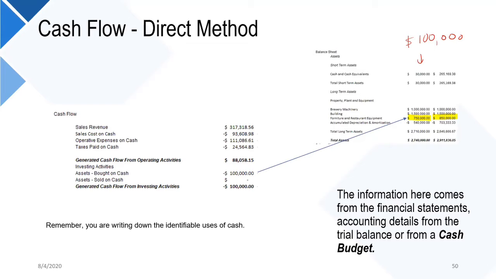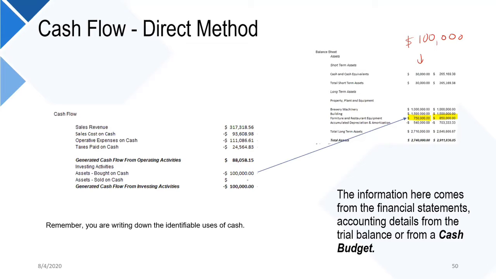All right, guys. Are you listening to me? Okay, so I was telling you that the difference between the direct and indirect method when you are talking about investing activities is that in the indirect method, you go to the balance sheet and look for the difference on assets.